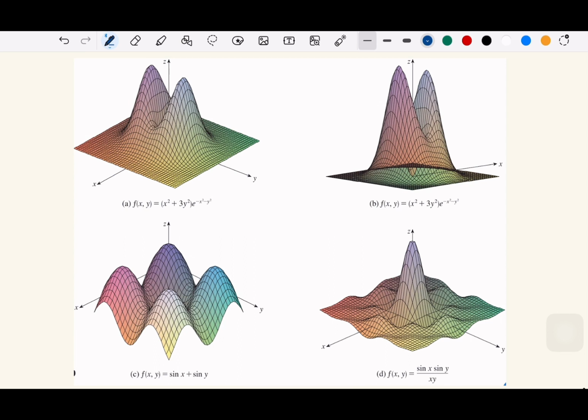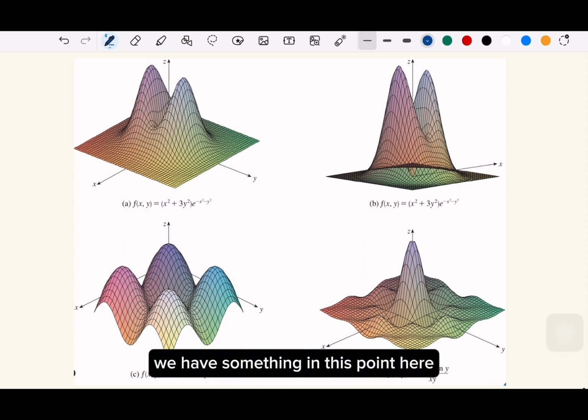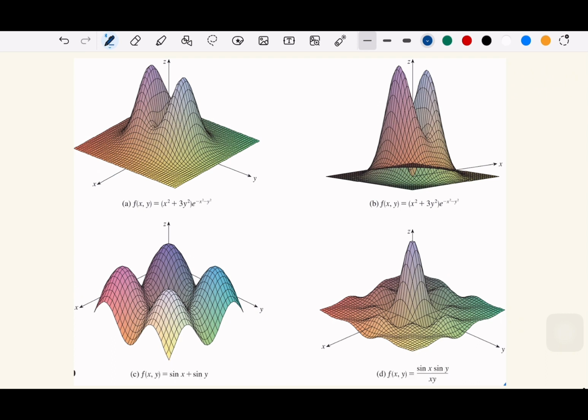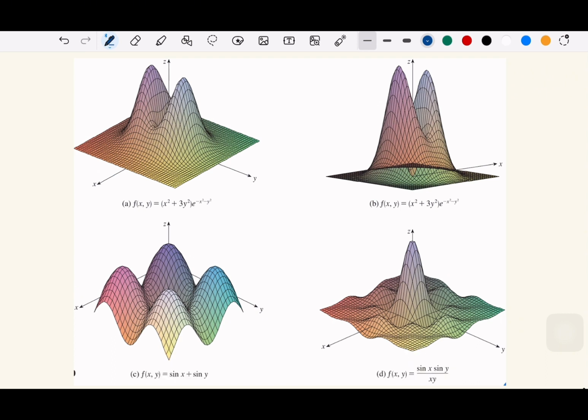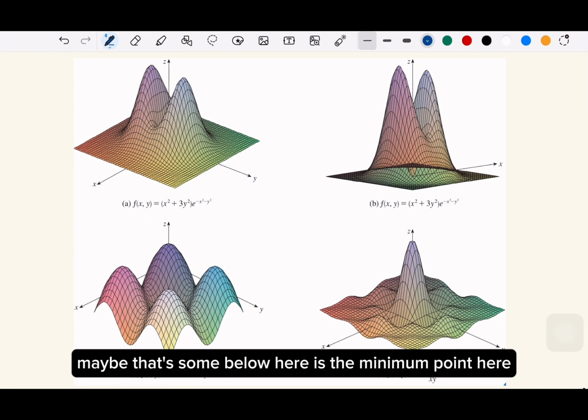For example, we have something at this point here, which we call the maximum, or the local max, and below, maybe there is the minimum point here.